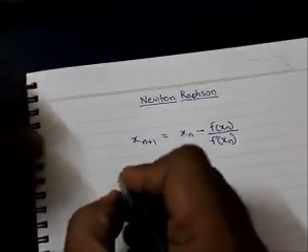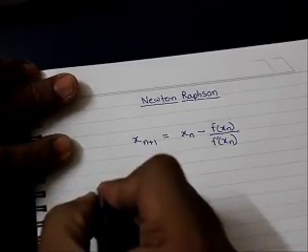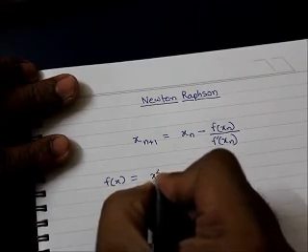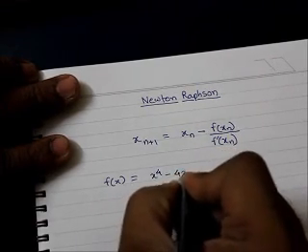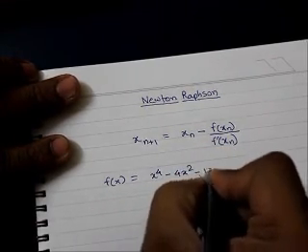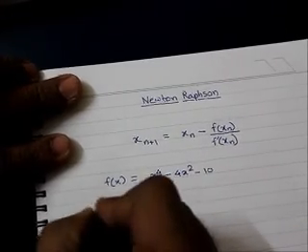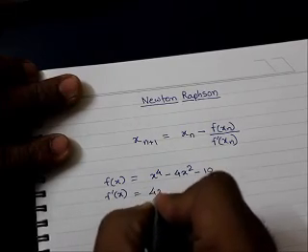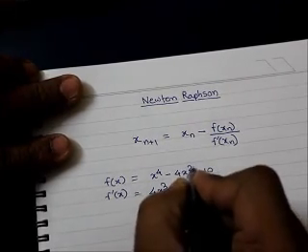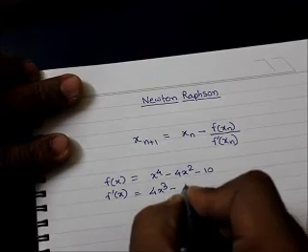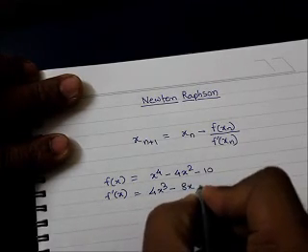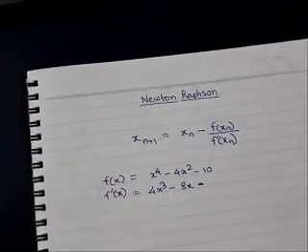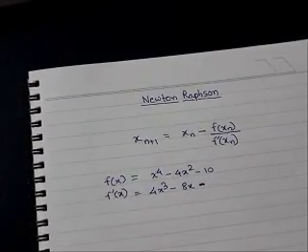So for example, if f(x) is equal to x raised to 4 minus 4x square minus 10, then f dash x is going to be 4x cube minus 2 4s are 8x. 10 is a constant, so the derivative of that is 0.